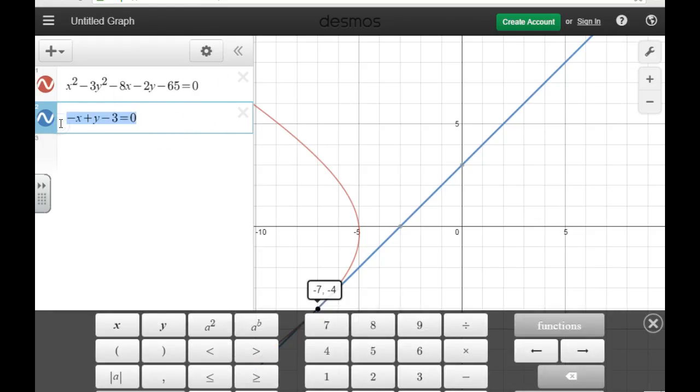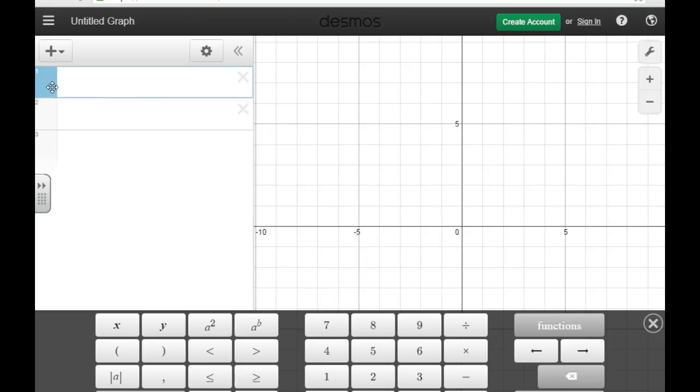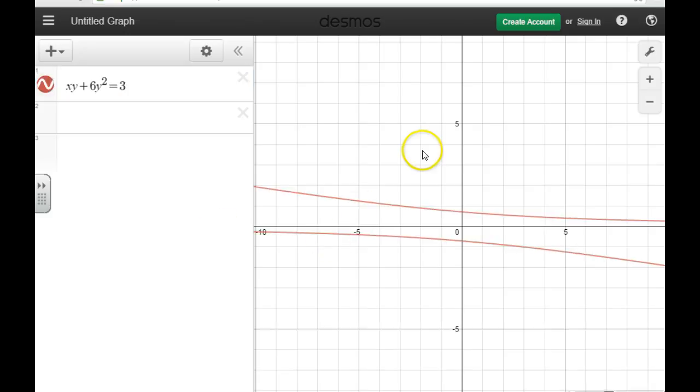X, Y plus 6Y squared is equal to 3. It is, I thought it was a hyperbola. It's just like a really weird slanty, flat hyperbola. Because it has an XY in there, so I knew.